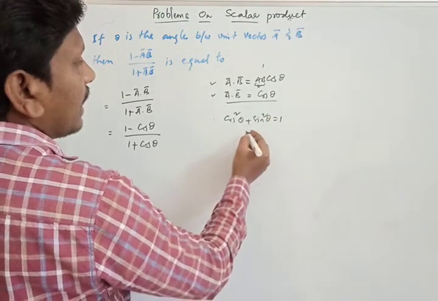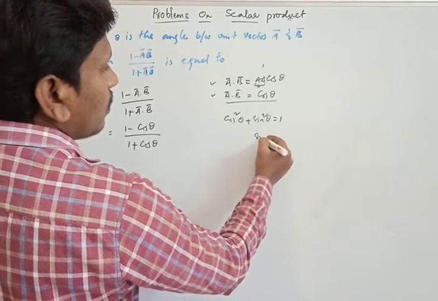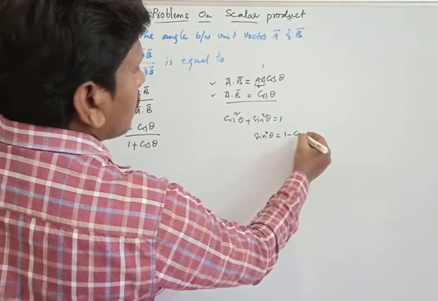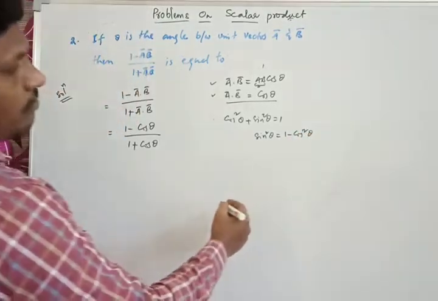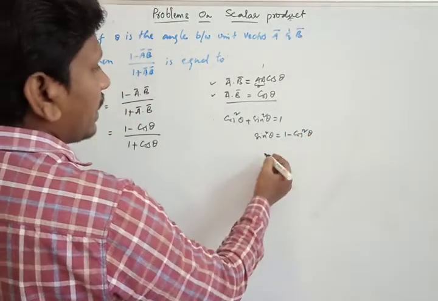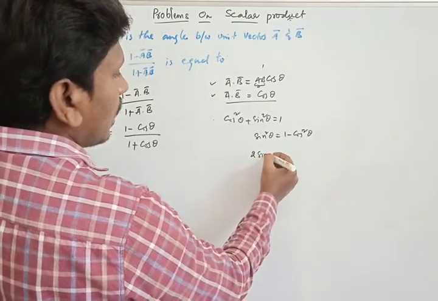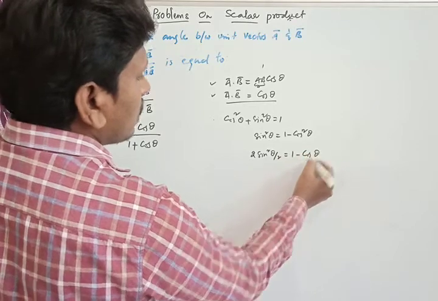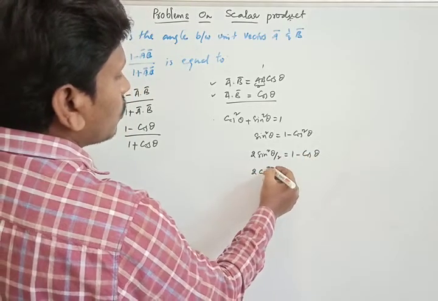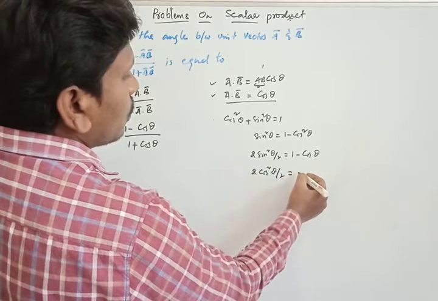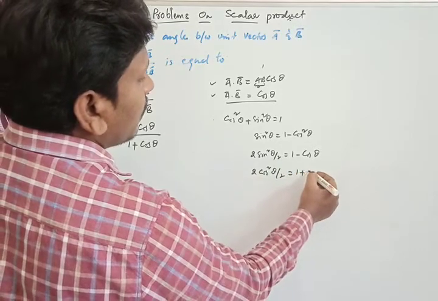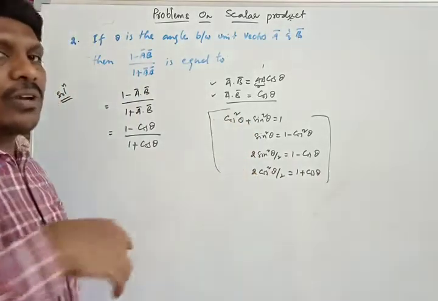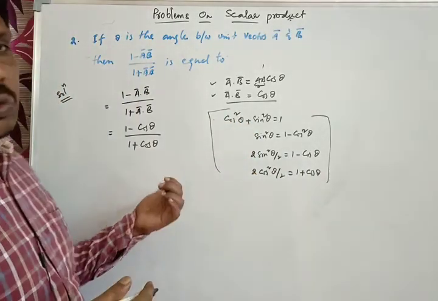From that we can write sin²θ is equal to 1 - cos²θ. So we can write 2 sin²(θ/2) = 1 - cos θ, and 2 cos²(θ/2) = 1 + cos θ. These are the trigonometric formulas which we are going to use in this.